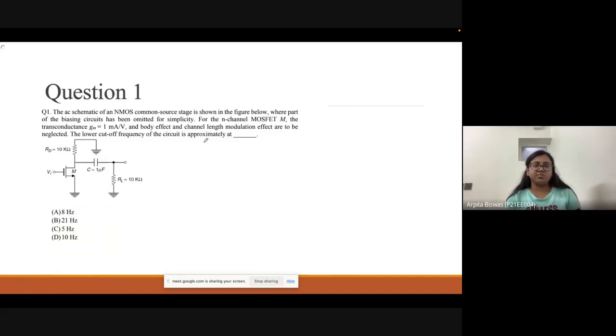Try, then we will discuss the question. At first, very carefully see the circuit and the values given here. The gm value 1 milliamps per volt is given, and you have to calculate the lower cutoff frequency of the circuit.